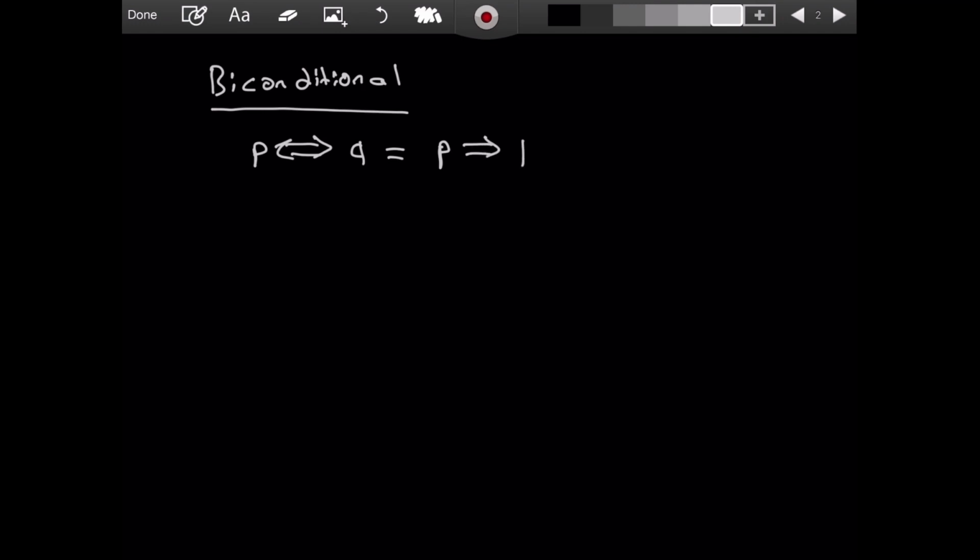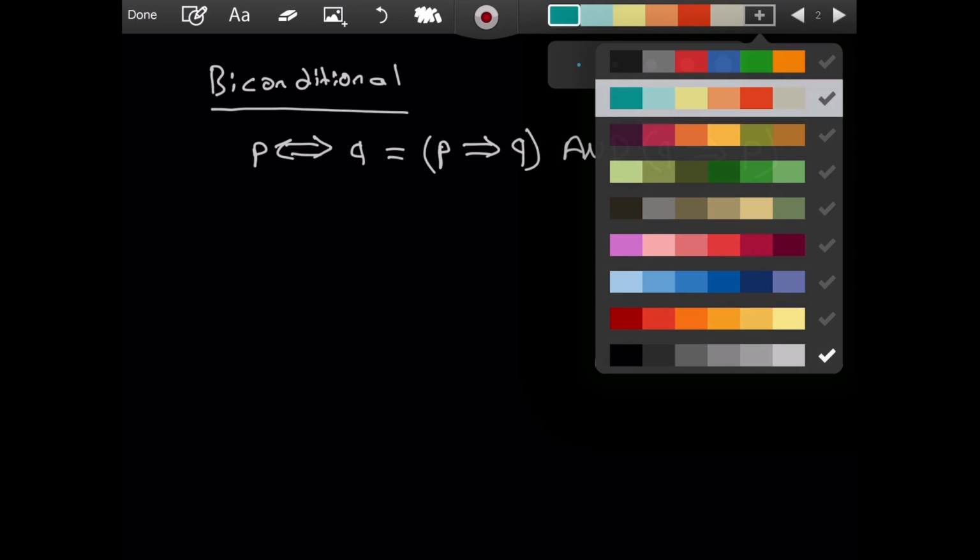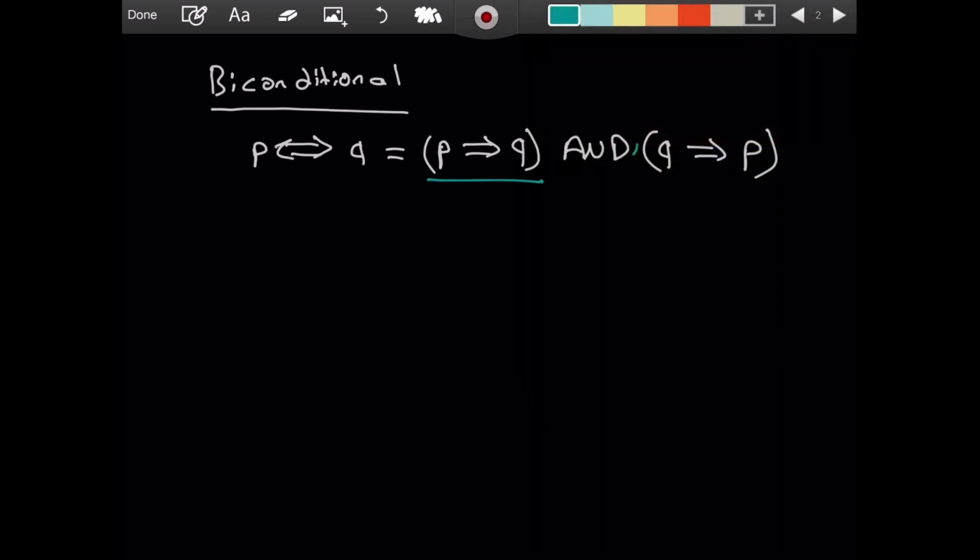This is equivalent, this is equal to, this is the case when P gives you Q. So this is, by the way, read as if P then Q, you have this. And also, and, I said and, notice that is important. And Q gives you P. So if you have a biconditional relation between statements P and Q, that means if P then Q and if Q then P are both correct.